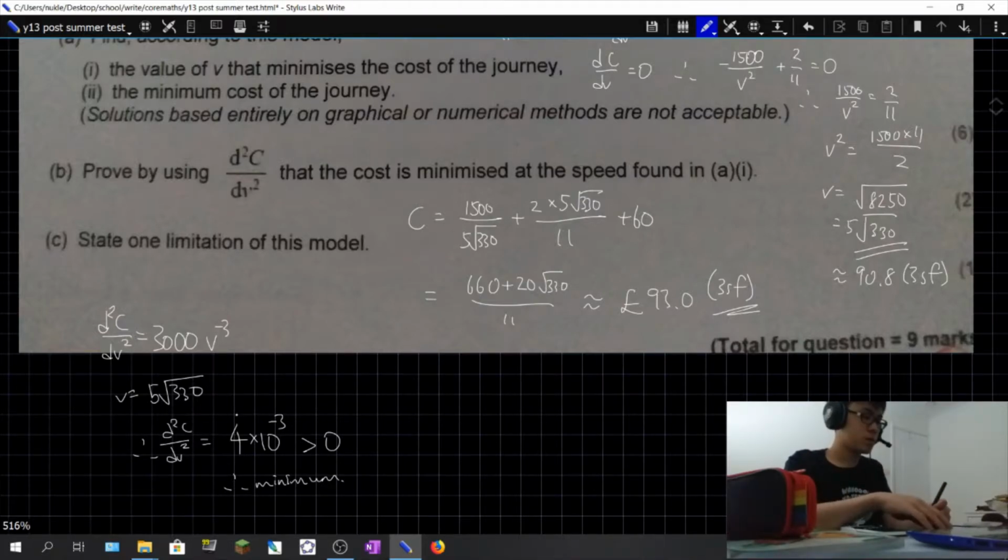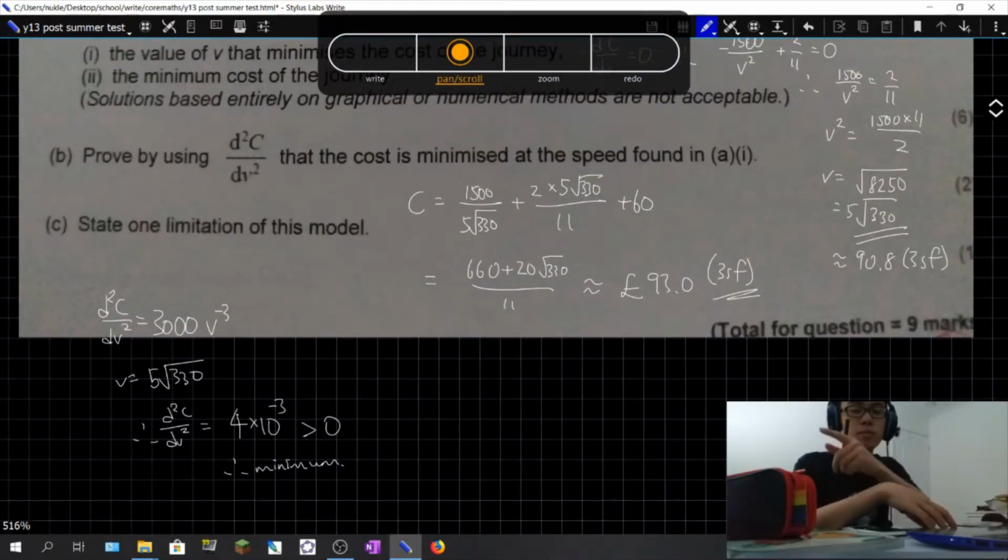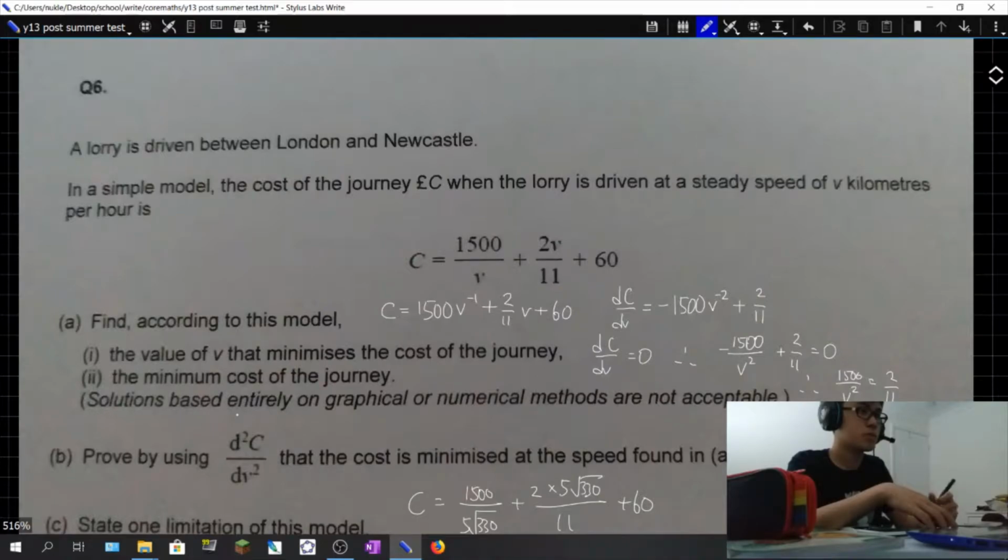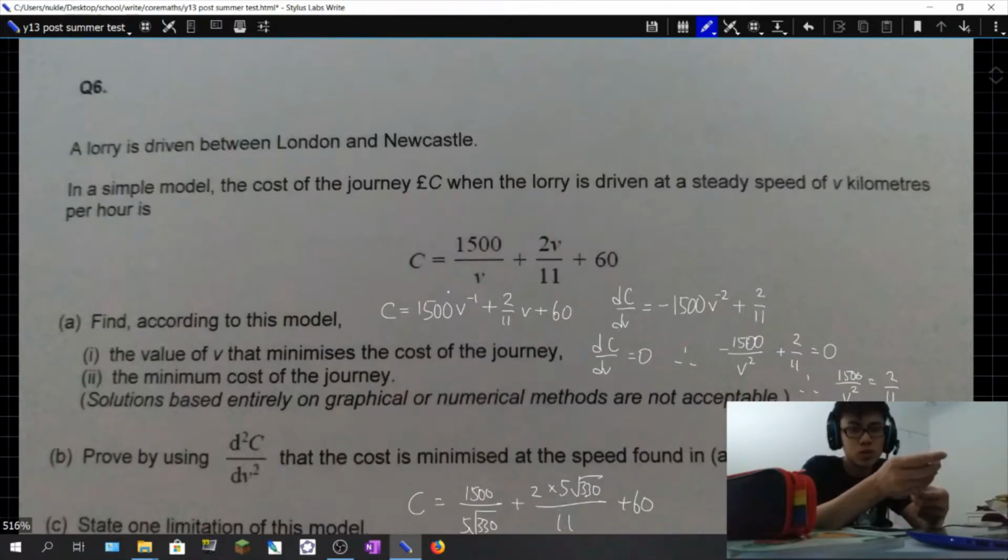All good. Okay, state one limitation of this model. Let's see what they're saying. It says the lorry is driven at a steady speed of v. When you drive between London and Newcastle, I highly doubt you can keep your speed the same for the whole journey.